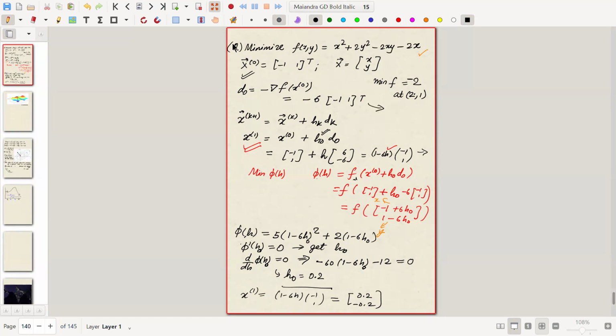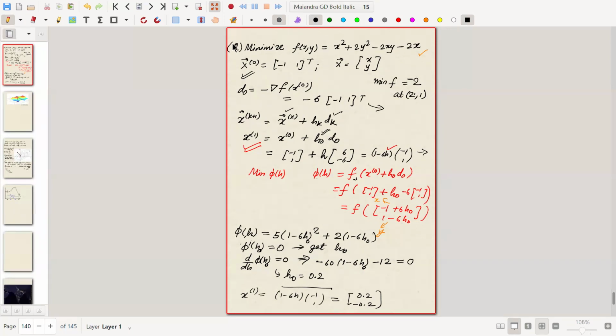What else do we need to find? We know this direction. H naught we don't. That we have to find. We can take a fixed step size, but I'm saying that's not efficient. Therefore, we have to find a step size for which our function is minimized. Okay. So what we do, we go to our previous formula phi of h, which is nothing but the f function evaluated at x naught plus h naught d naught.